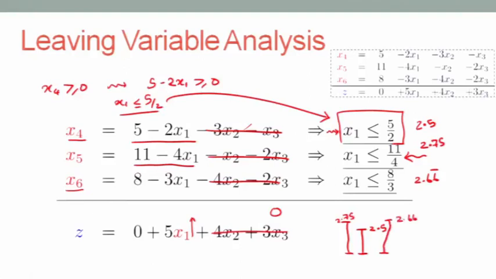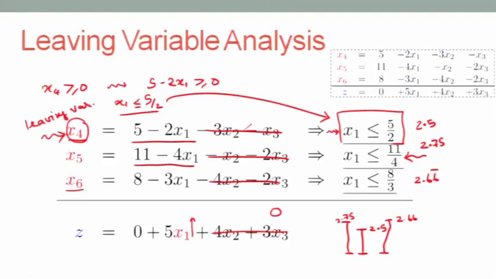Right? So the critical guy here is x4. You can take x1 up to 2.5 and no more, because when you take it beyond 2.5, x4 is the first one that hits 0 and goes below 0. So x4 is the critical guy.